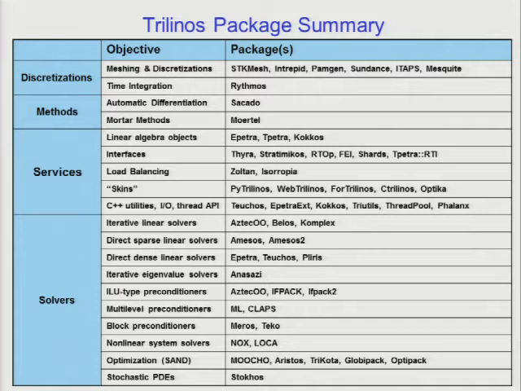Interfaces for linear algebra. That's sort of an interesting way to express that. Part of it is interfaces to allow easy assembly from finite element problems. That's the FEI. Or unified interfaces to solvers. That's Stratimikos. Load balancing, again, you'll hear more about Zoltan tomorrow. Your various skins for your Python, the Web Trilinos, the Fortran, the C. And then Optika, which is a way for manipulating input parameters graphically.